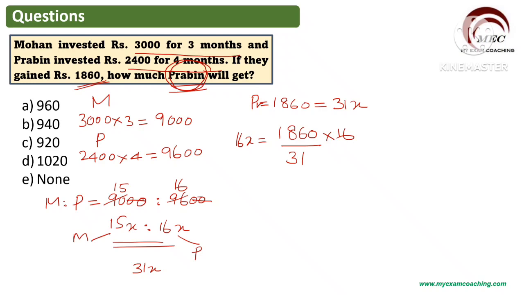So now you can cut this 31. Here it will go 60 times. So 60 multiplied by 16 will become 960. So 960 will be the answer for Prabin. This is how many rupees Prabin will get. Accordingly, you can mark option A as the correct answer.